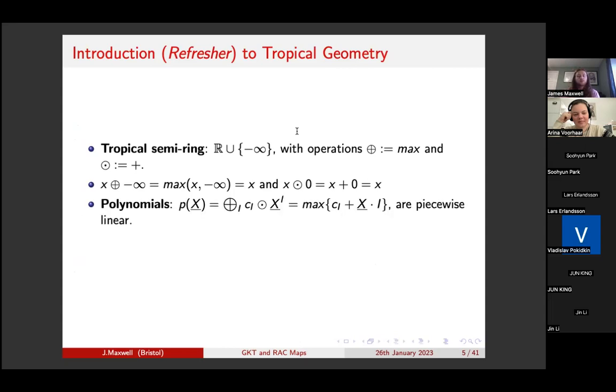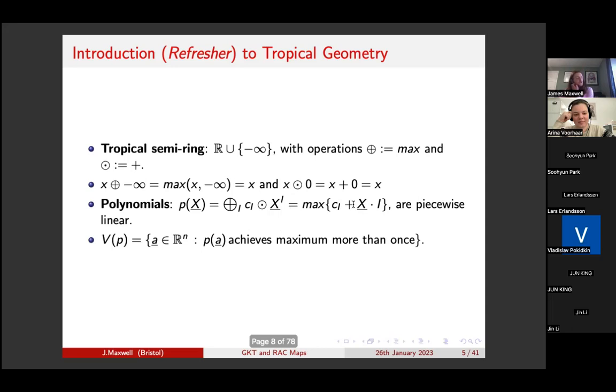And one of them is look at polynomials. So polynomials are just formal sums using the tropical arithmetic. They're piecewise linear objects when you evaluate using this max plus setting here. And from polynomials, we can study the roots of the polynomials. So in tropical geometry, we look at roots in a slightly different way.